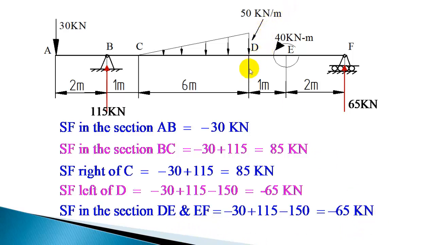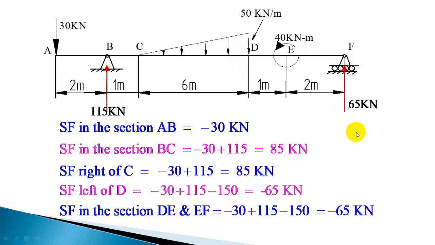So this part of the beam will have a negative shear force, minus 65. Only under the UVL you will get a parabolic variation, with a greater slope at the end, because major intensity is concentrated here, so it will decrease suddenly at the end but gradually at the beginning, and you will get the concave side down for this variation.